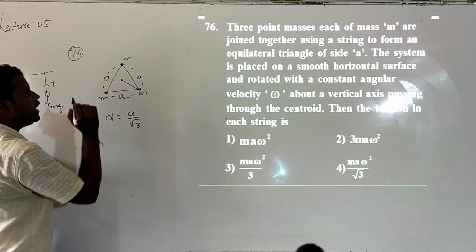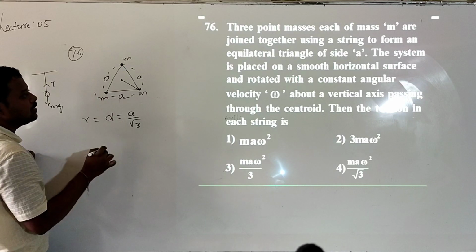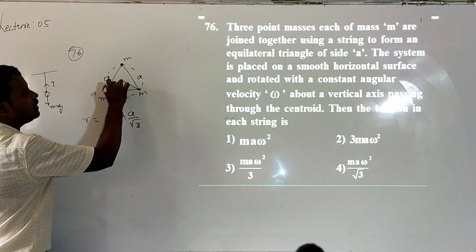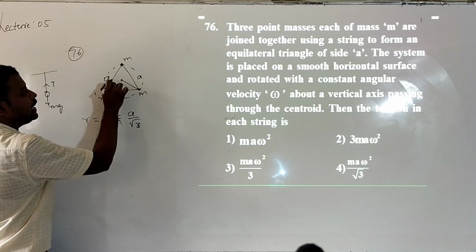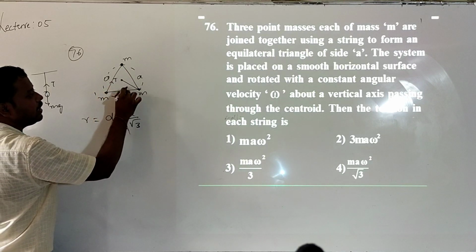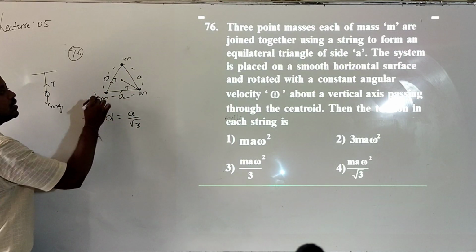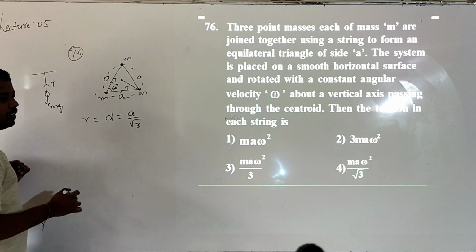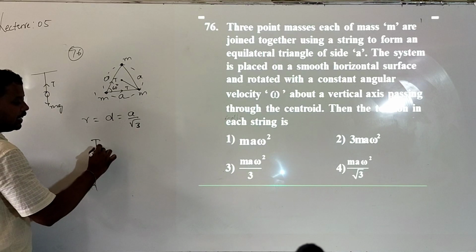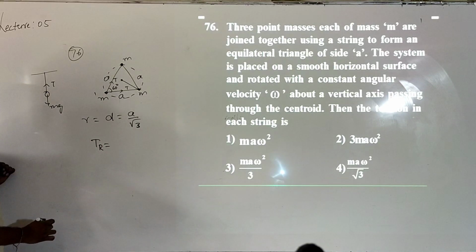So let us consider any one mass. Can I consider this mass? What is the tension on this? All are identical masses, so the same strings are connected. Here I call the tension T, and here also I call the tension T. In an equilateral triangle, this angle is 60 degrees. First let me calculate the resultant tension by using the parallelogram law.